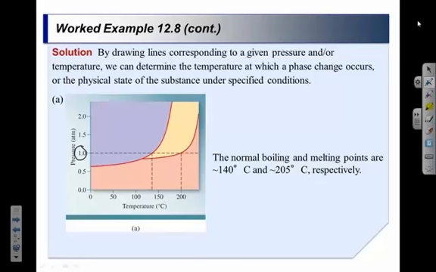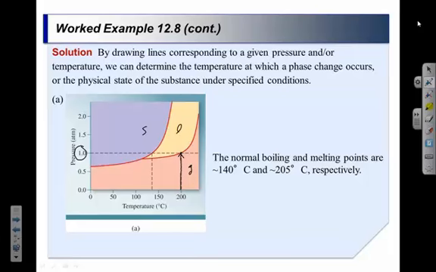So the normal boiling point is the temperature at which I'm in equilibrium between liquid and gas when the pressure is 1 atmosphere. So that's going to be about 200 there.